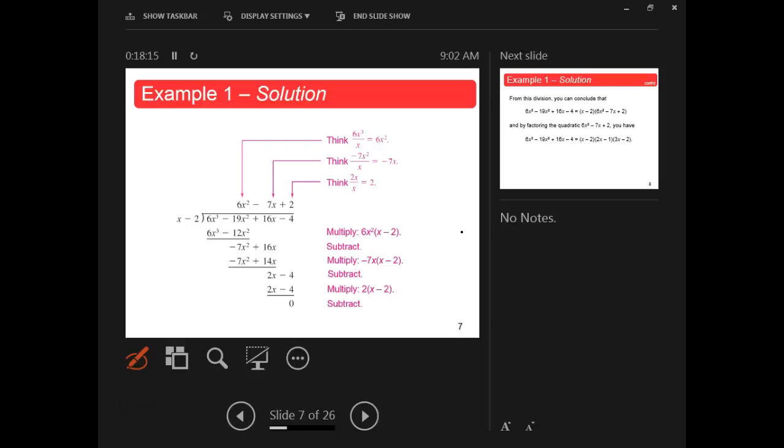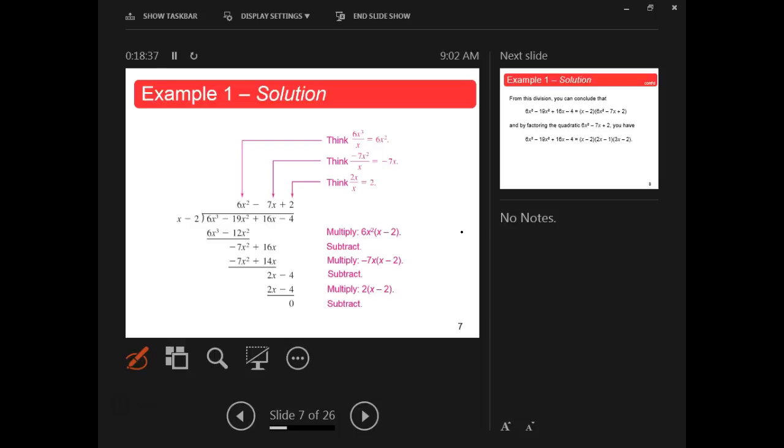Be sure you put your signs in there. 2 times x is 2x. 2 times negative 2 is negative 4. Subtract and you get a 0. That means that was a factor. x minus 2 is a factor, meaning x equals 2 was indeed a solution, which we thought it was looking at the graph.